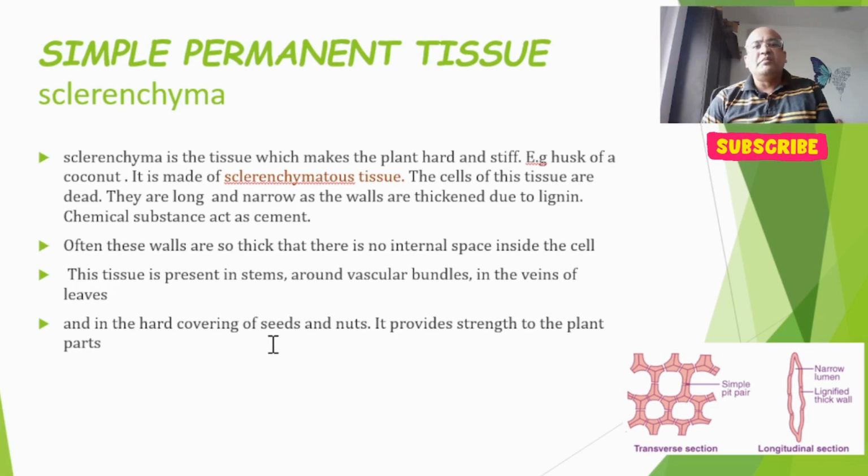What we need to remember here is that the cells of sclerenchyma are dead, long, and narrow, as the walls are thickened due to lignin, okay? And the tissue is present in the stems, around the vascular bundles, and in the hard covering of seeds and nuts. Students, I am sure you have understood today's topic about permanent tissues.